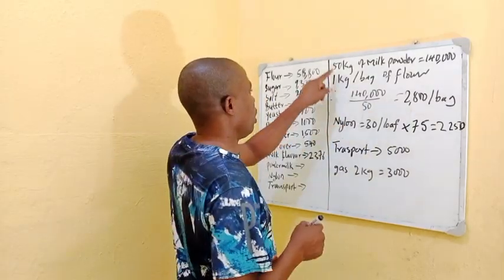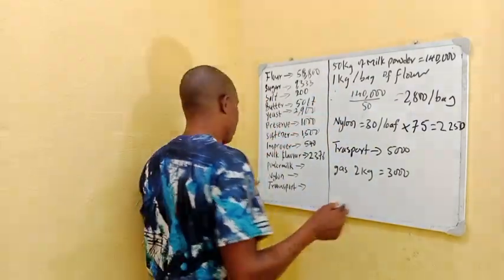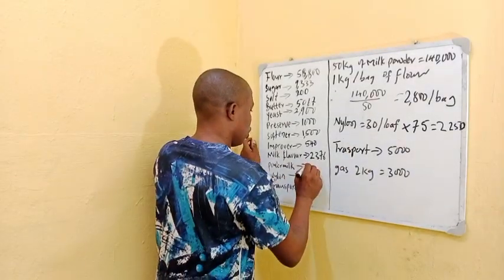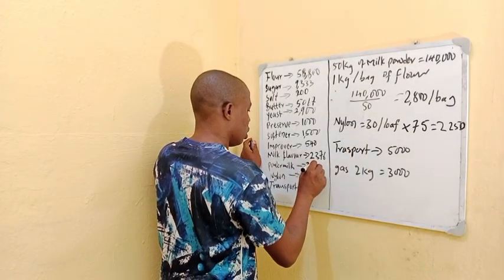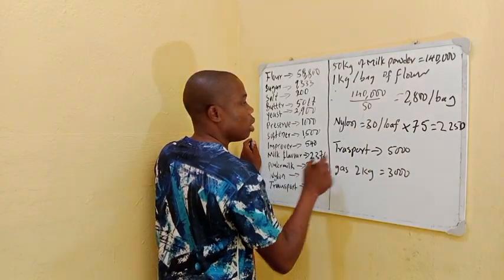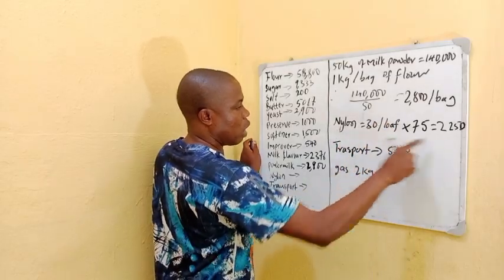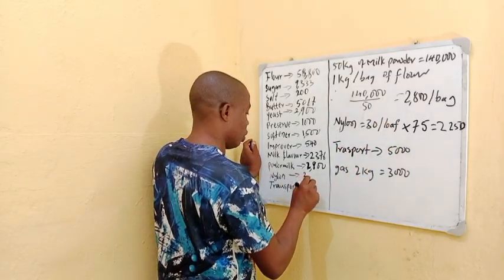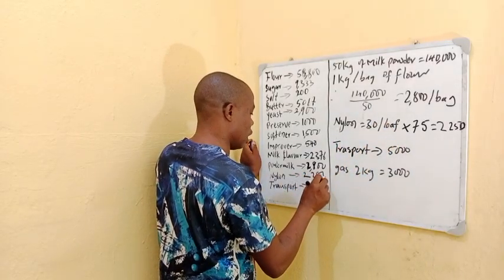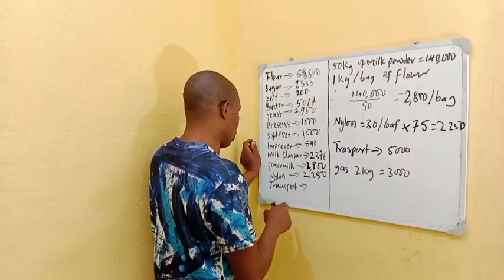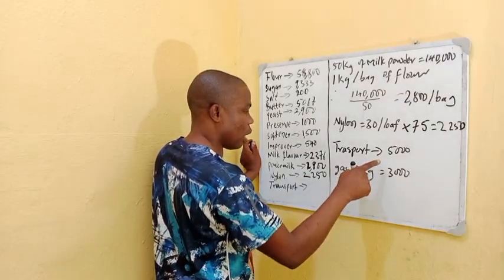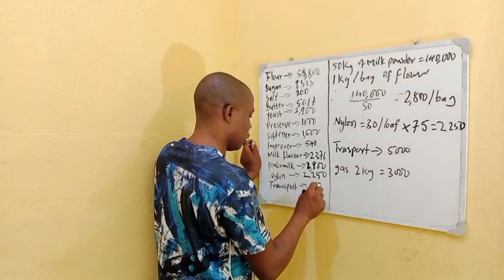So for milk powder we have 2,800. And then for nylon, we have 2,250 naira. For transportation, we have about 5,000.